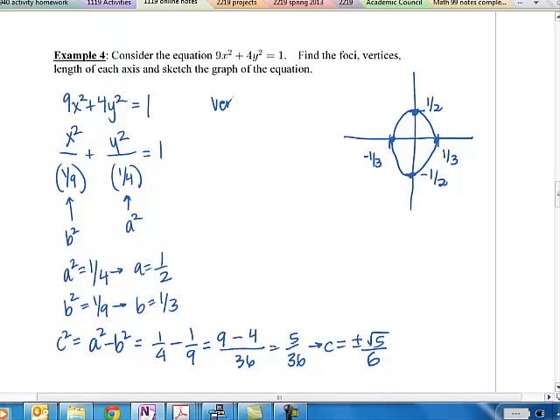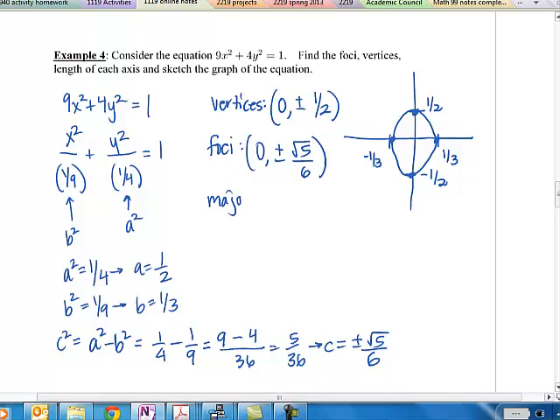So let's write down the vertices. On the y-axis, they are 0 for the x-coordinate, positive or negative a, so positive or negative a half. The foci are also on the y-axis, so 0 for the x, and then positive or negative square root of 5 over 6. And the major axis length is 2a, which would be 1.